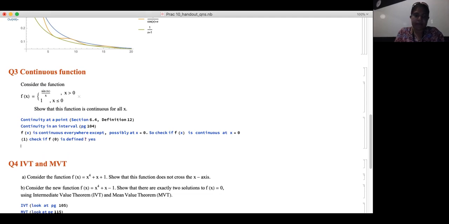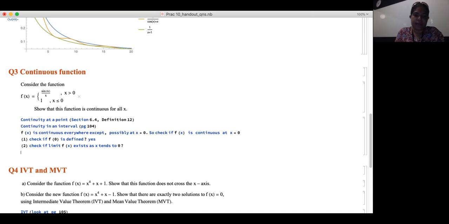The second condition is to check if the limit of f(x) exists as x tends to 0. Is that true?